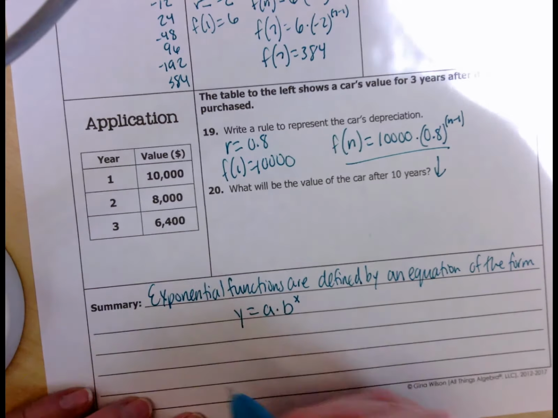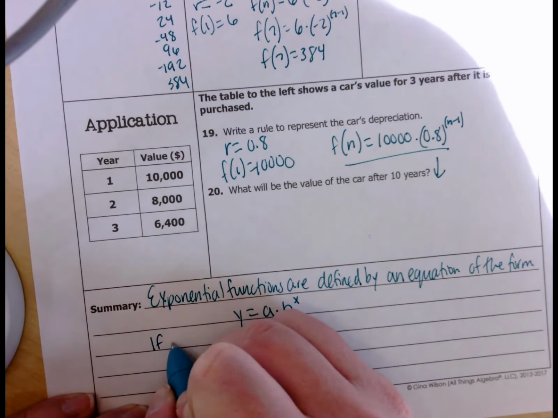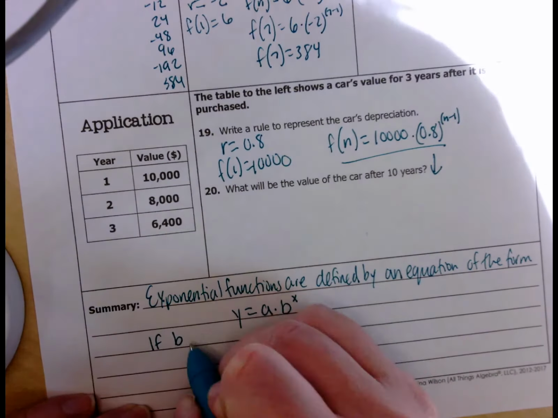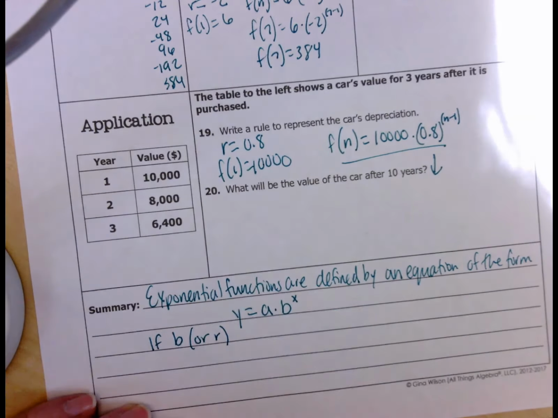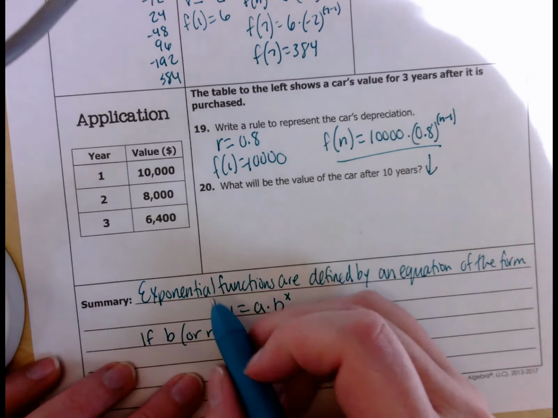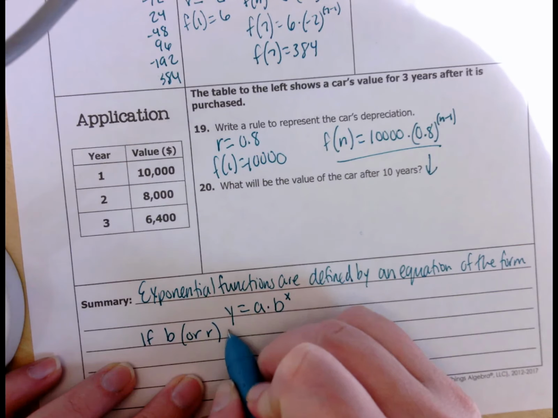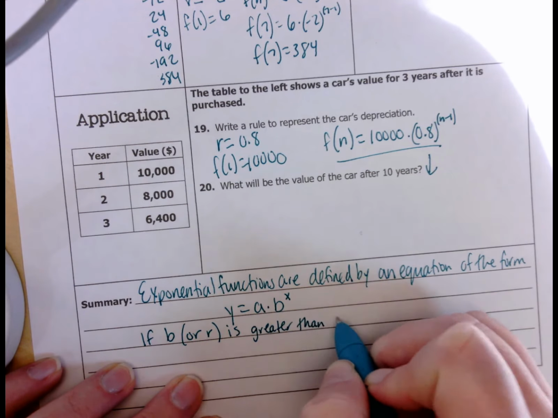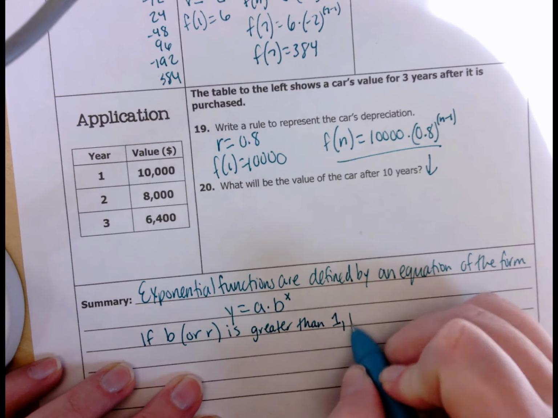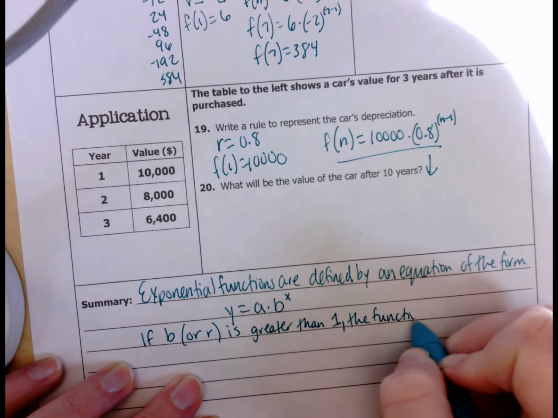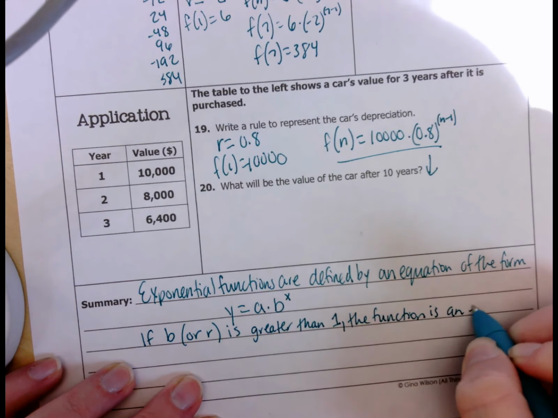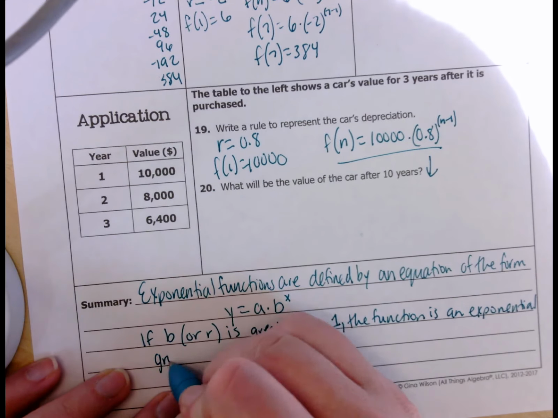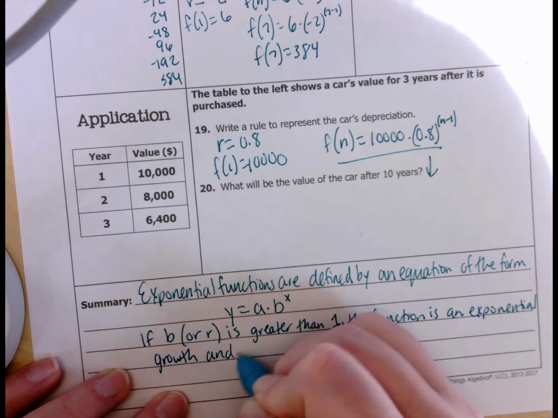All right, and so what you'll notice is that if the b value here, and in your case the ratio, or r as we've been talking about in geometric sequences, is greater than 1, then the function is an exponential growth, and it's increasing.